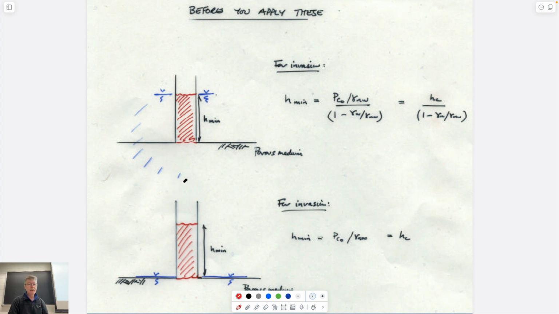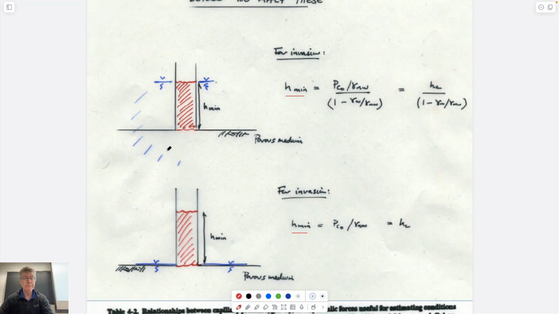That's really what's going on. And so these seemingly contradictory results, where the minimum value here is HC divided by a factor less than 1, and this result here where it's HC divided by 1, they seem to not make sense, but they are because they're representing different circumstances. And so we should be mindful of that.